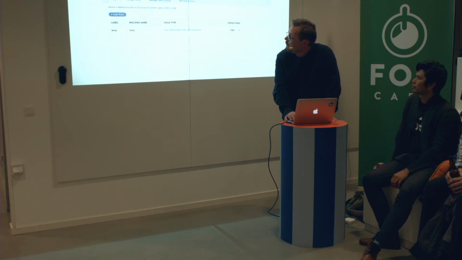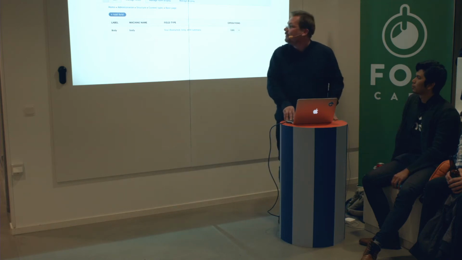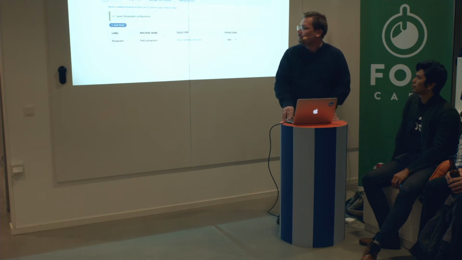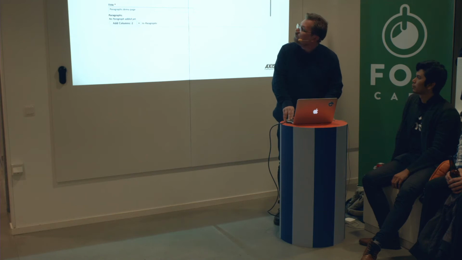So this is the page, and as we said, we'd like to get rid of the body field in this case. So let's throw that away and put a paragraph field in there instead. And now we can actually create a basic page using paragraphs.